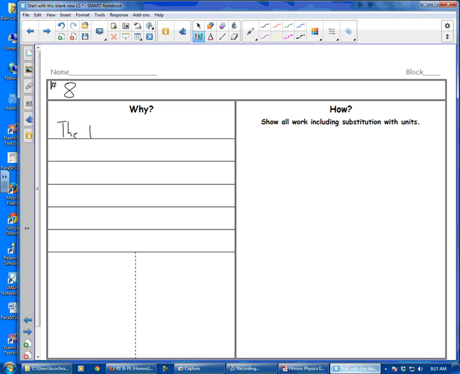The energy from the candy does work to change his potential energy gravitationally.